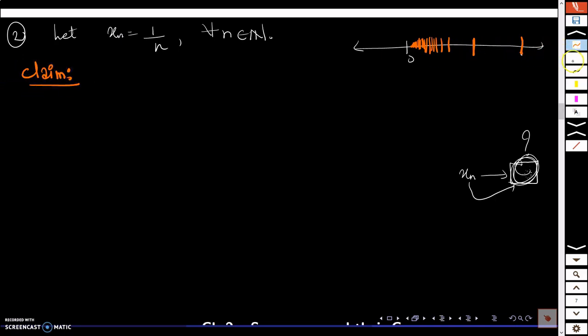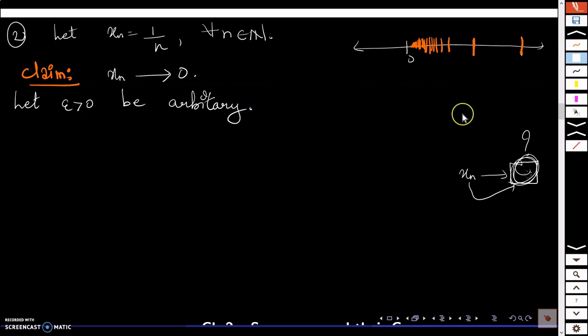So my claim is the sequence xn converges to the point 0. So I have to take some epsilon positive now, some arbitrary number. So let epsilon positive be some arbitrary number. What we have to do? We have to find one natural number capital N such that for all terms of the sequence after this capital N, the difference between xn and 0 is less than epsilon.